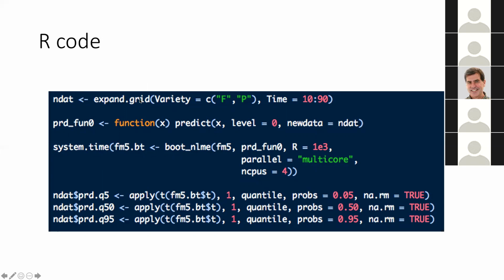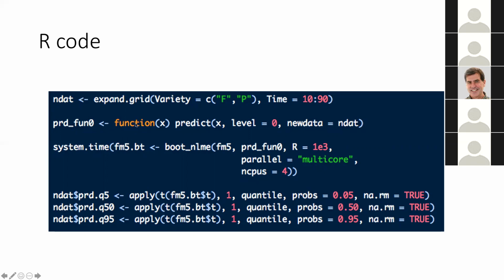So what I do here is I expand a grid. This creates a data frame with variety. I have two varieties here. The varieties are called F and P. And I create a vector that goes from 10 to 90, which are the days, the time.